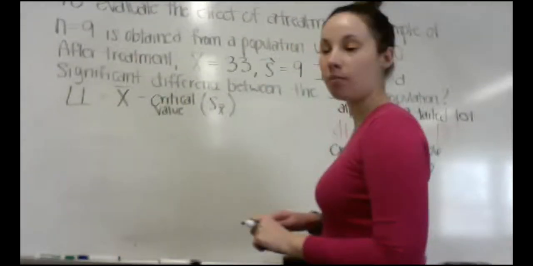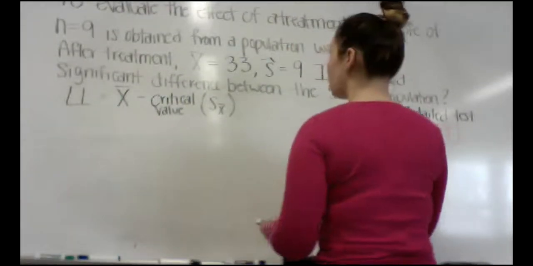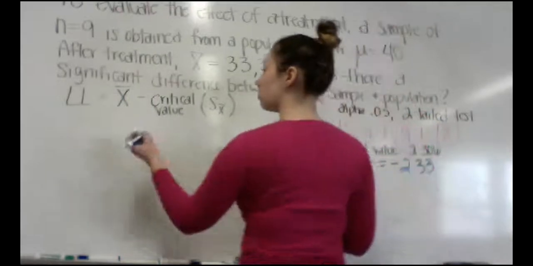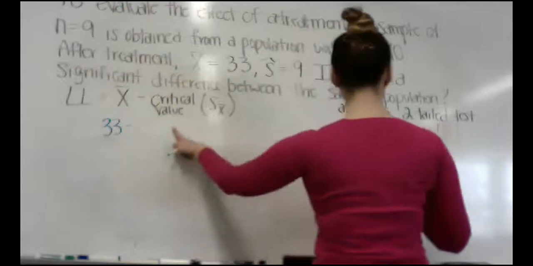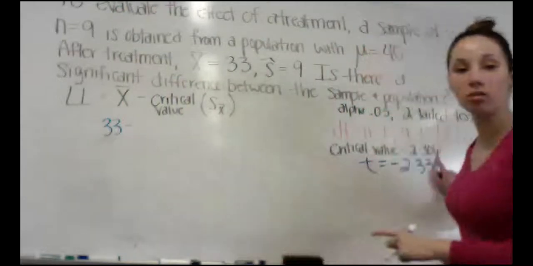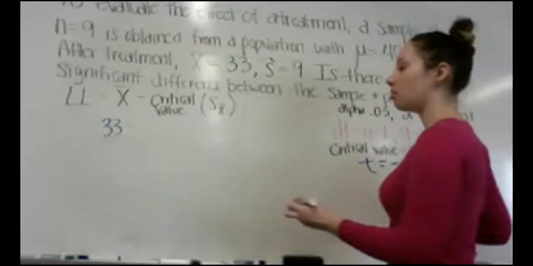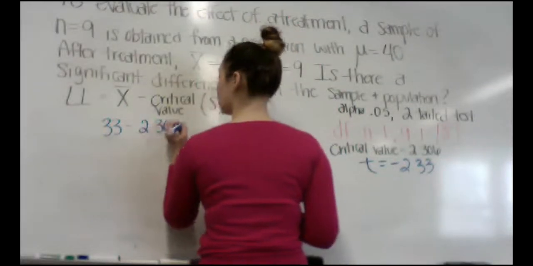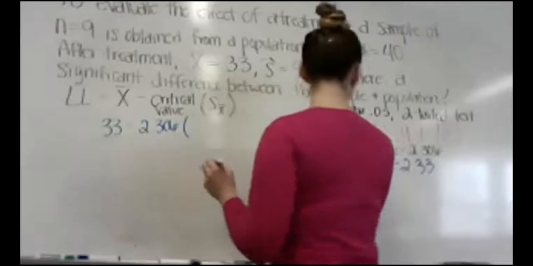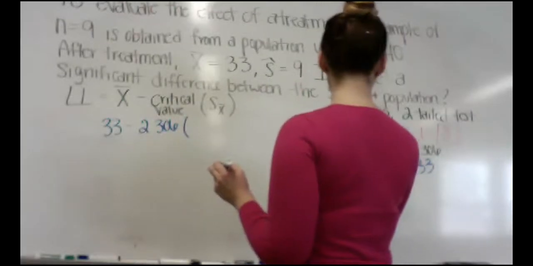So let's go ahead and find our lower limit. It's very simple. We already have our sample mean is 33. Our critical value we found was 2.306 in our previous step. And we already found our standard error, but I totally erased it.